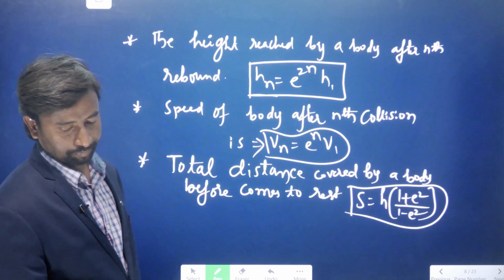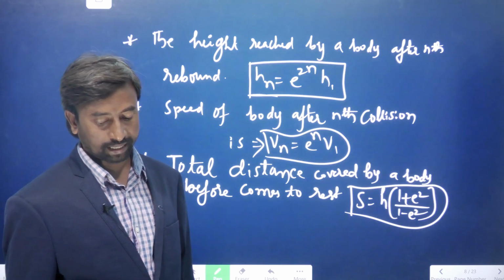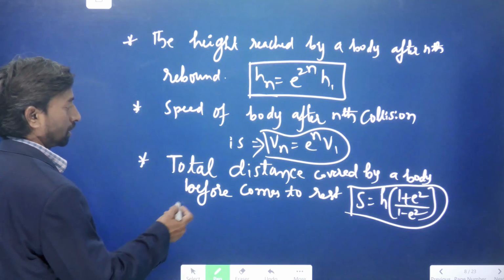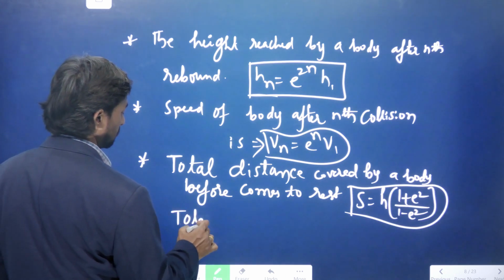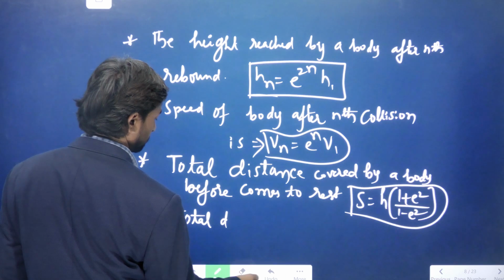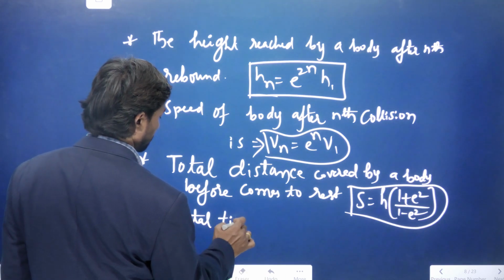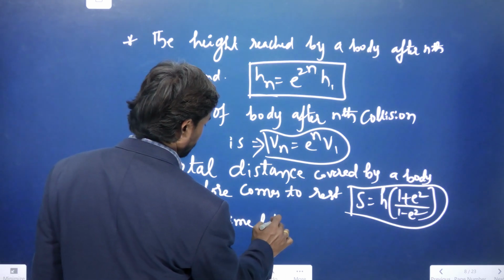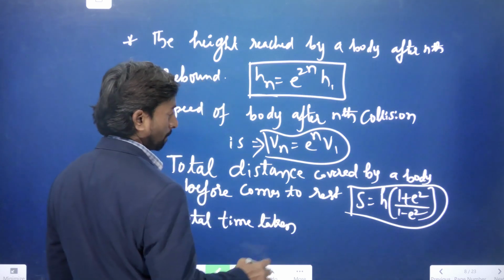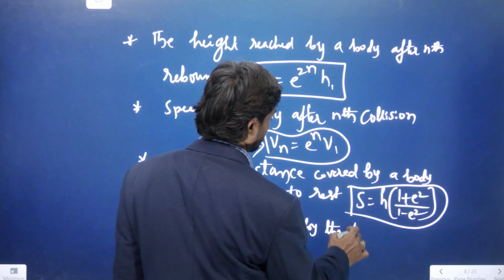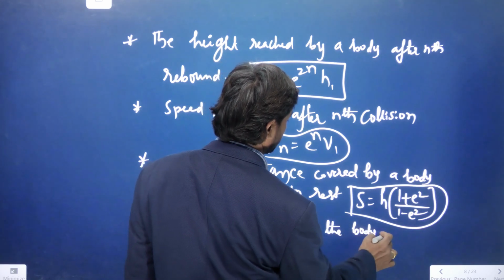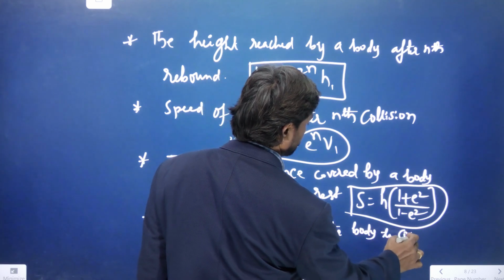Okay. Now total time taken. So this is the total distance we got there. So now we can even find out the total time taken by the body to come to rest.